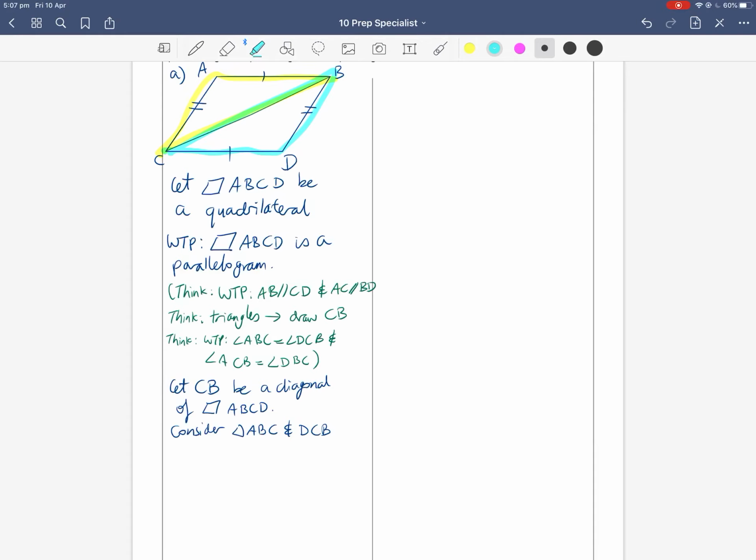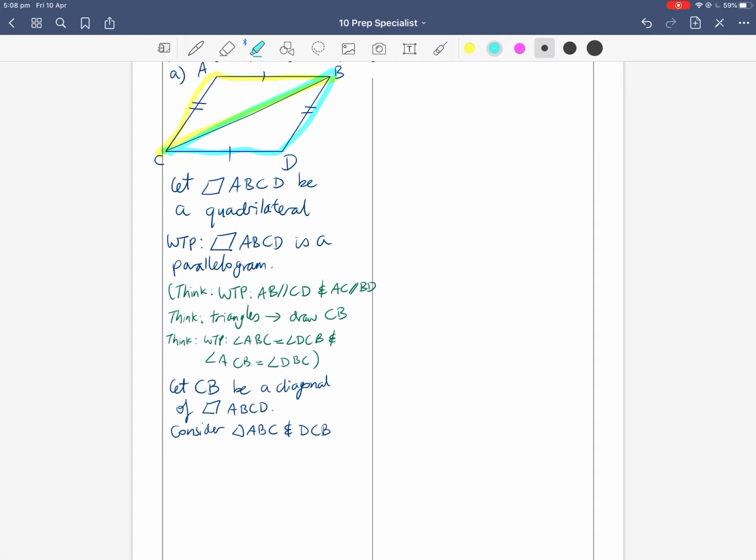So this time, I'm not given any information about angles because I'm trying to prove that. So I can't use the SAS or AAS because I'm not given information about angles. I can't use RHS because I'm not given any right angles. So the only way I can prove congruence this time is by side, side, side.